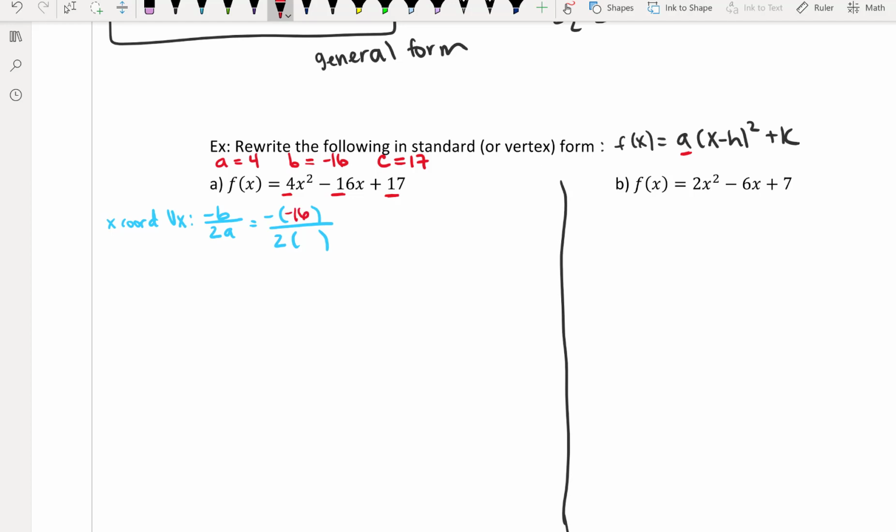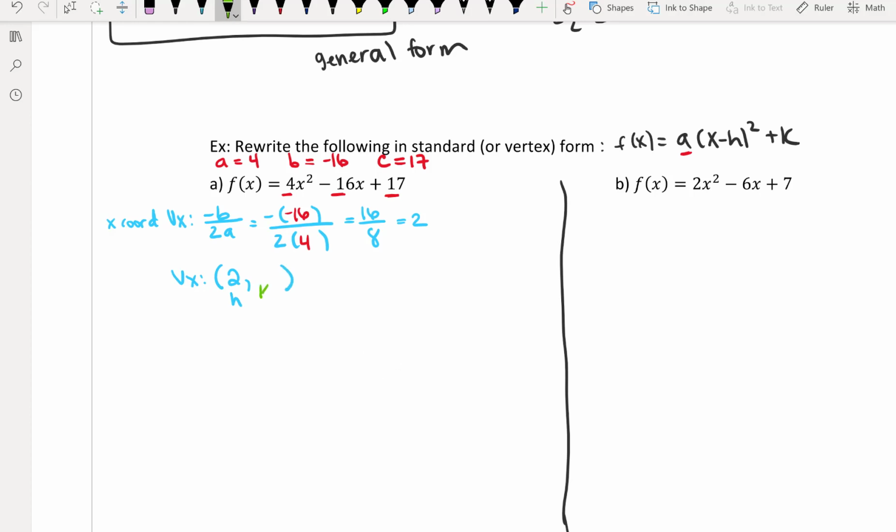What I'm plugging in for my a is a positive 4. So I'm going to have a positive 16 divided by 8, which gives me a positive 2. So far for my vertex, I'm going to have a positive 2. That is my h value.